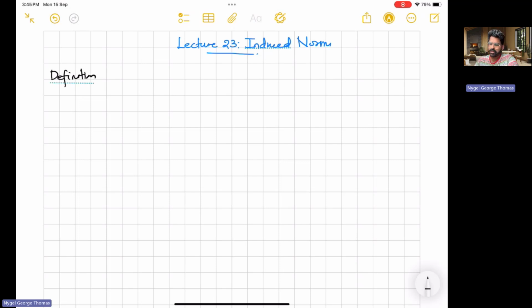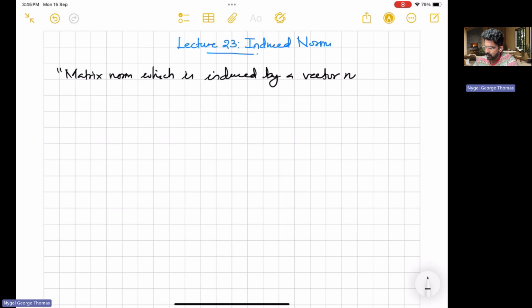The basic idea of induced norms, before looking at the definition, is that an induced norm is a matrix norm which is induced by a vector norm. We have a vector norm, and if we have a matrix norm which is actually induced by this vector norm, then it's called an induced norm.